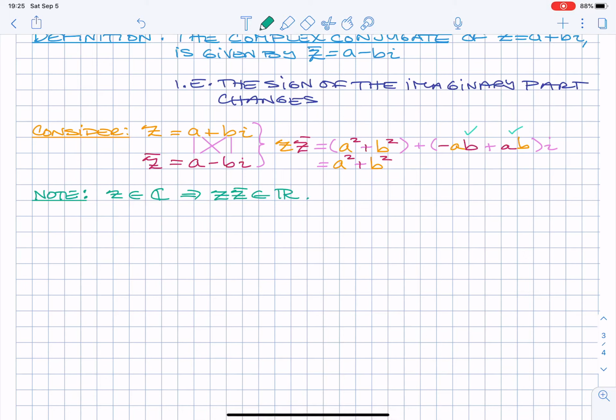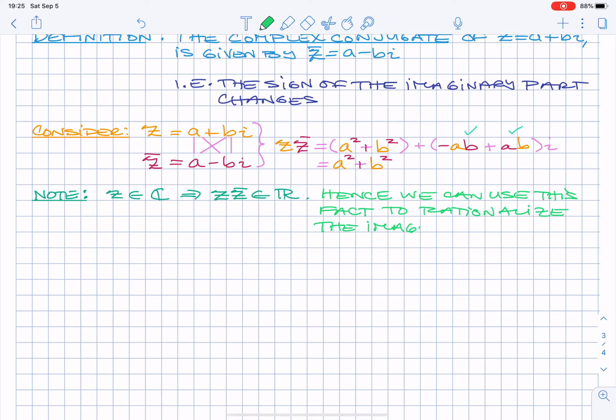Hence, we can use this fact to rationalize the imaginary unit i being equal to the square root of -1.